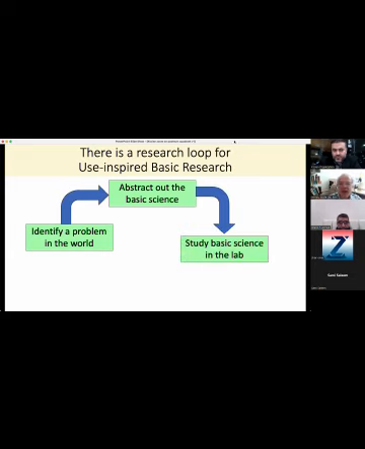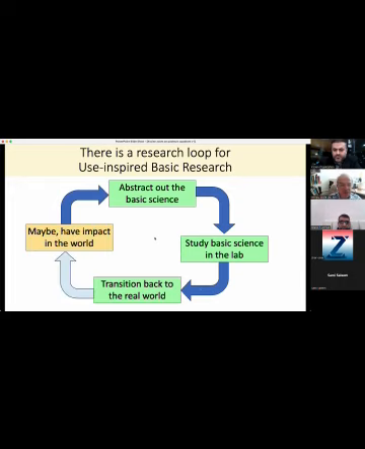We're going to pull that basic science into the lab and study it, and then transition that back into the world in some fashion if we can. And with a bit of luck, maybe we'll have some real impact in the world after going through this loop.